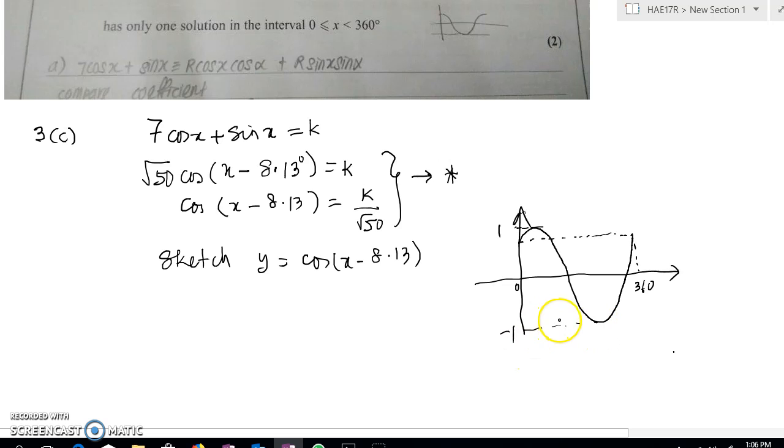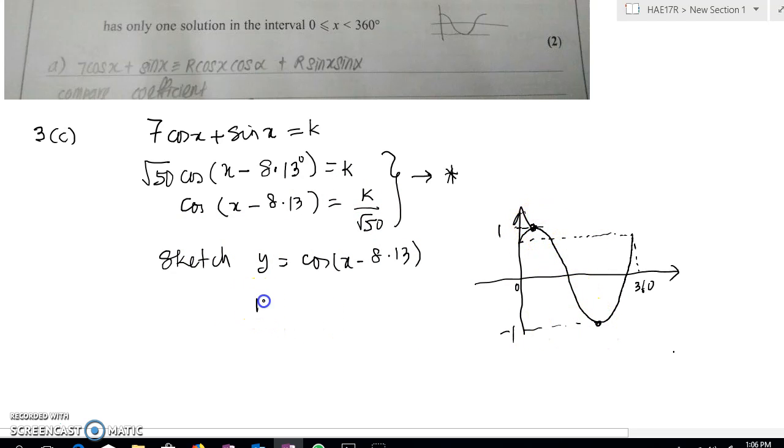Once you sketch the correct graph, you notice that for one solution, it appears here. One solution for this cos graph. That means for this equation to have one solution, the solution must be at the highest point, 2 points here.